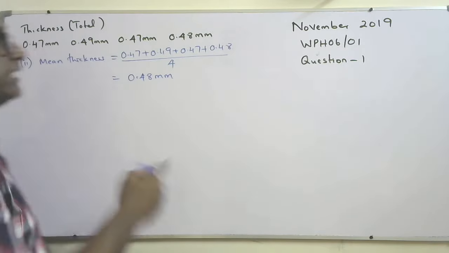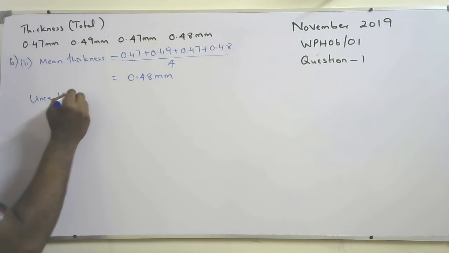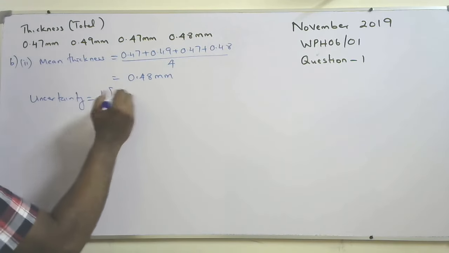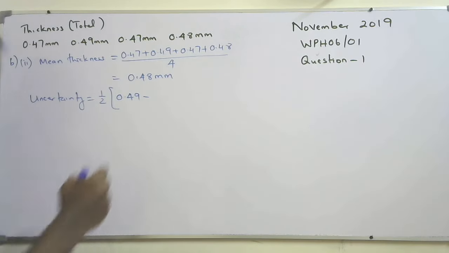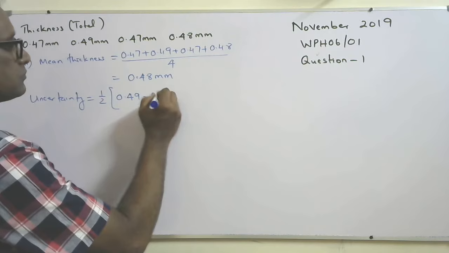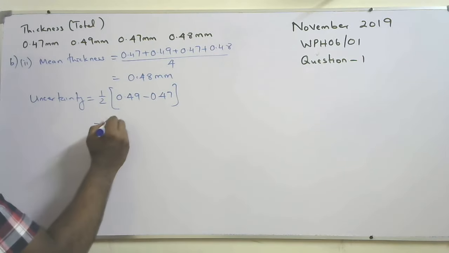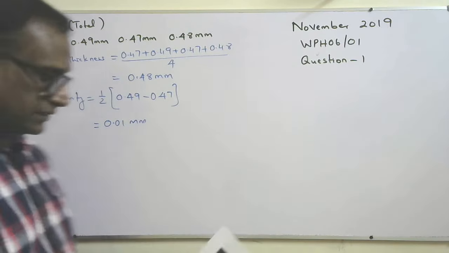Uncertainty, I already showed that for repeated measurements, uncertainty is equal to half into maximum. Among them, the maximum is 0.49 minus minimum 0.47. So that will be 0.01 millimeter, plus or minus you can say, right?